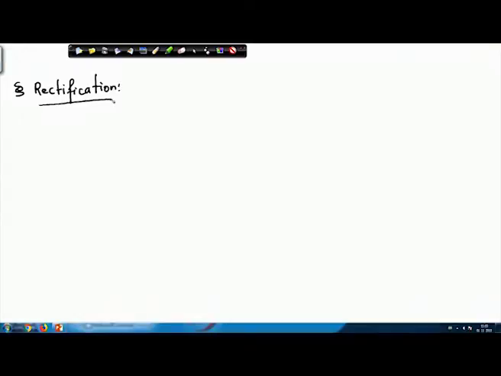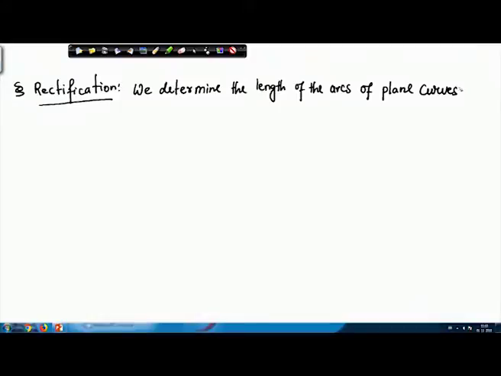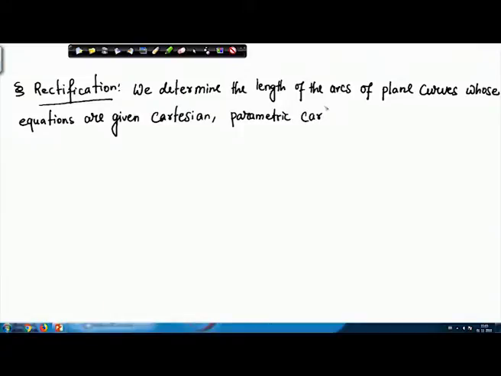Rectification basically means that we determine the length of the arcs of plane curves whose equations are given in Cartesian, parametric Cartesian, which means x equals phi(t), y equals psi(t), or polar coordinate system.